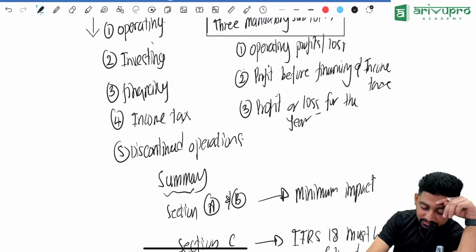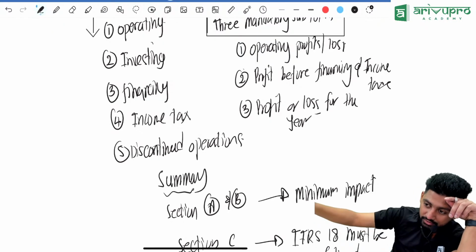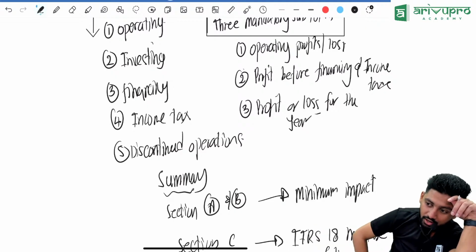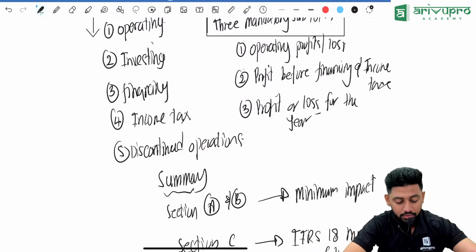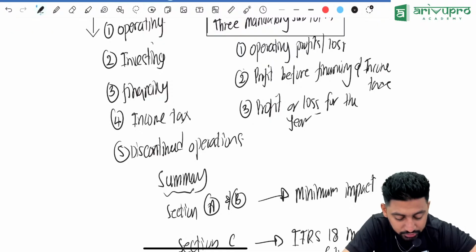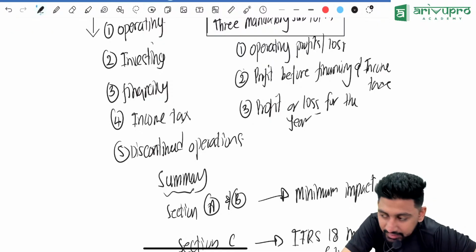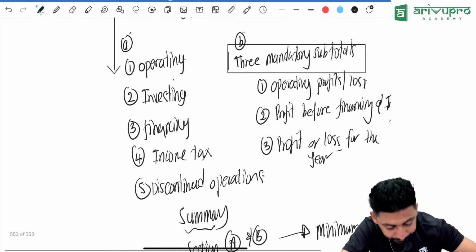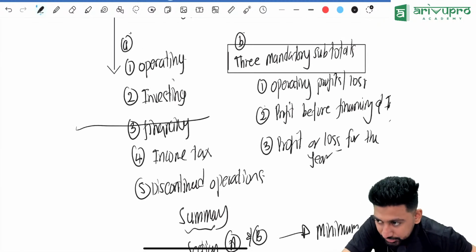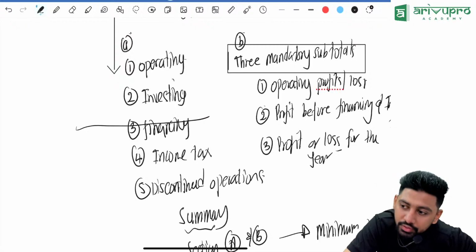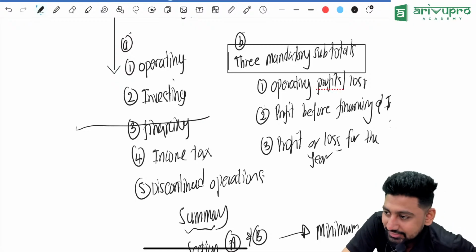Previously we had operating profits. Now we call it profit before financing and income taxes.